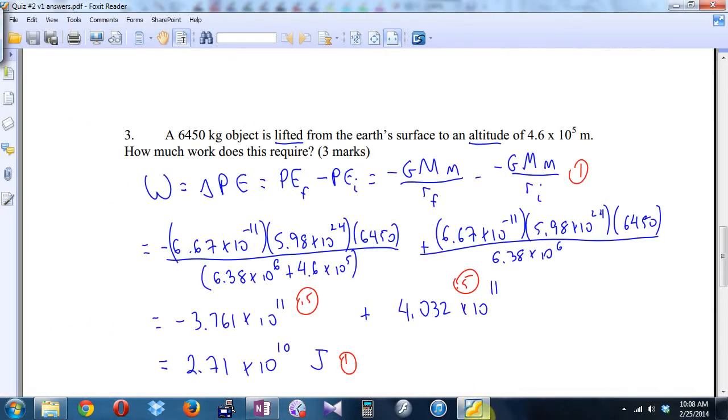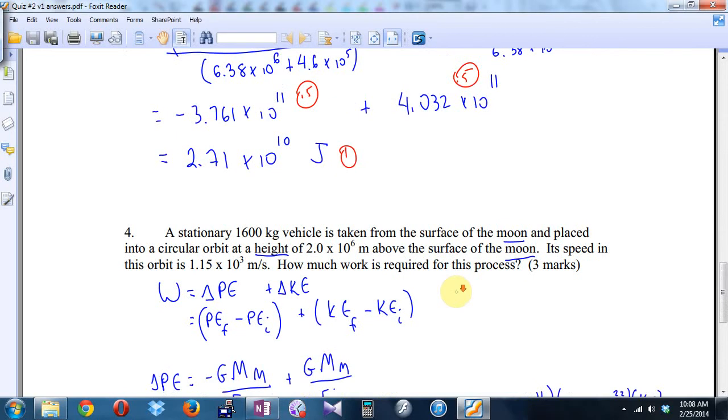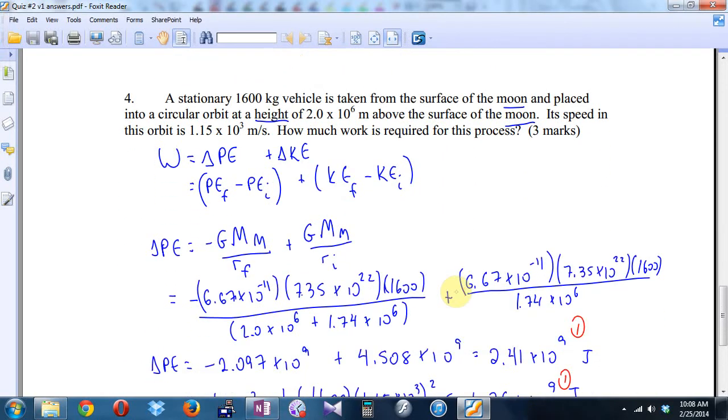When I did that, for the change in potential energy, mass of the moon, 7.35 times 10 to the 25th, radius of the moon, 1.74 times 10 to the 6th. They gave me a height, so I had to add that. Minus minus is a plus. I got that the amount of work it takes just to get it up there is 2.41 times 10 to the 9th.